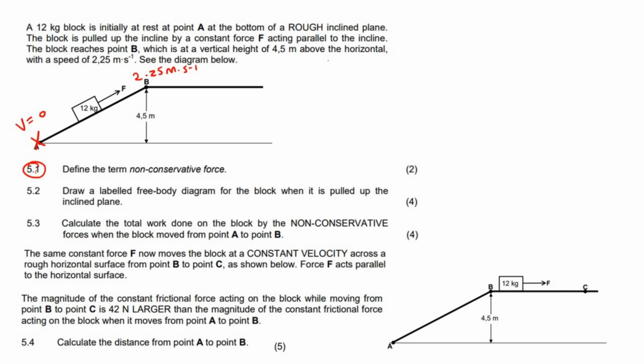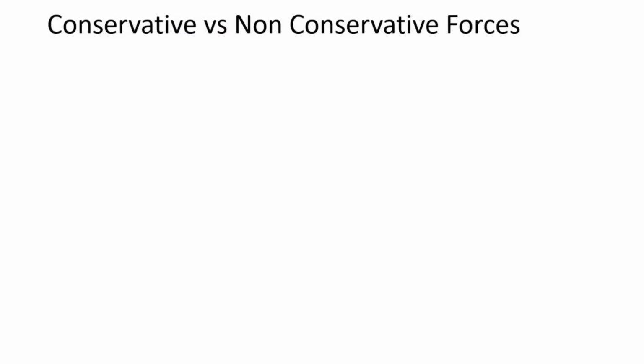So, if you don't mind, I'm actually going to take a bit of time now, and I'm really going to go into the details of non-conservative forces and conservative forces, and I'm going to explain the exact differences between them. So what we're going to do is divide our page into two halves. At the top part, we're going to explore conservative forces.